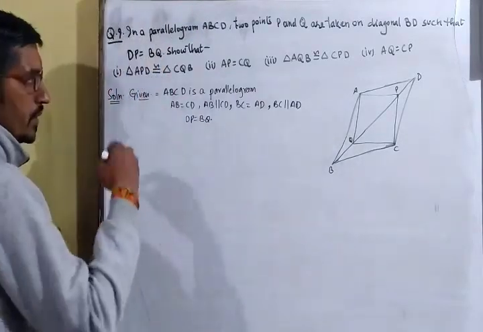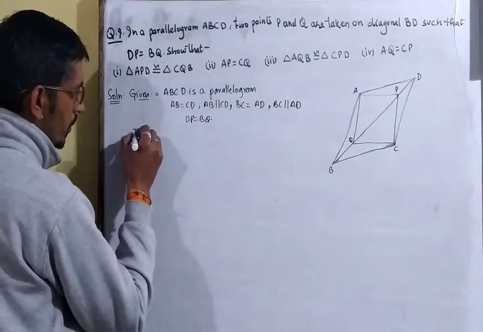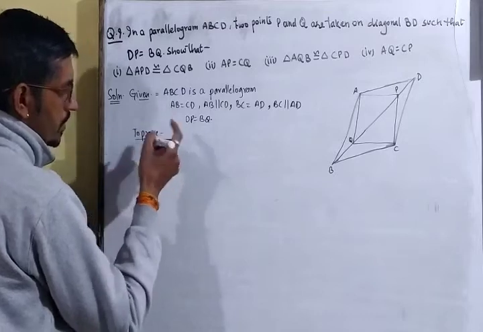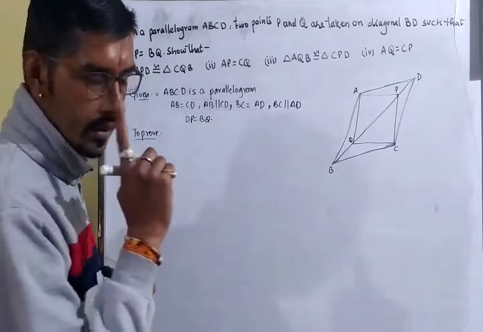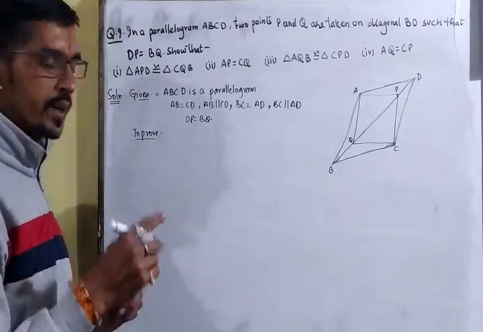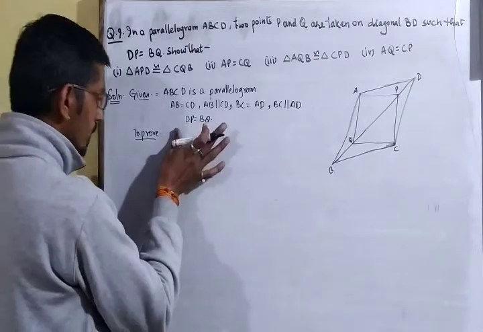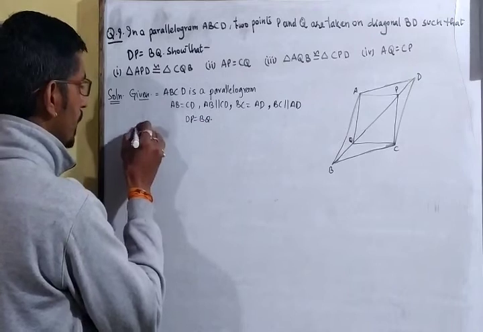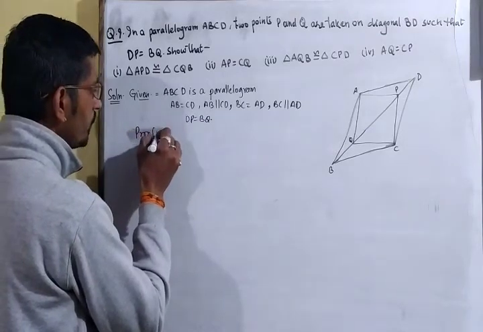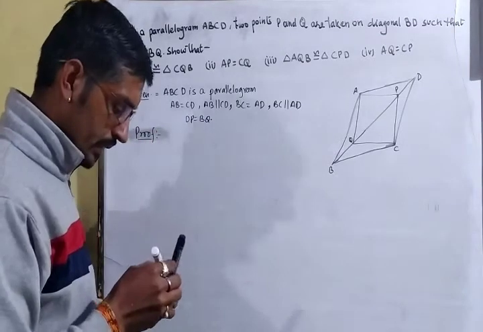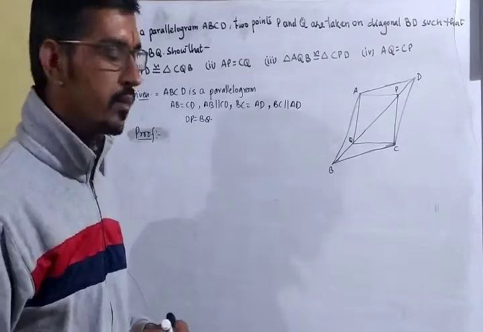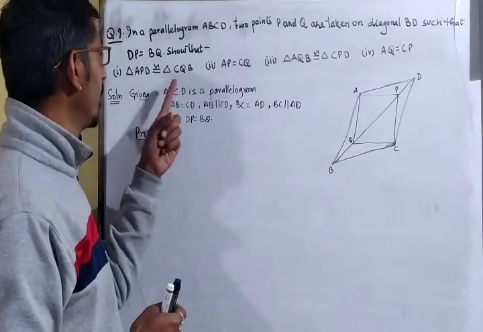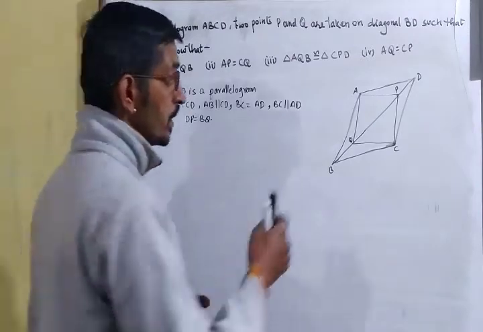So first you will write the given and what to prove. I am not writing all the proofs here. One by one we will prove it. So first, directly I am just writing the proof. How to prove this? While proving this, what do we need for APD and CQB?